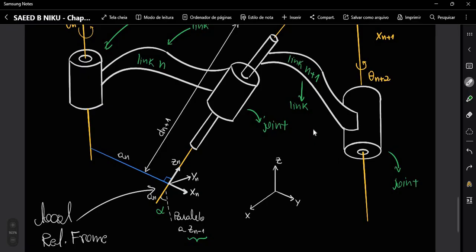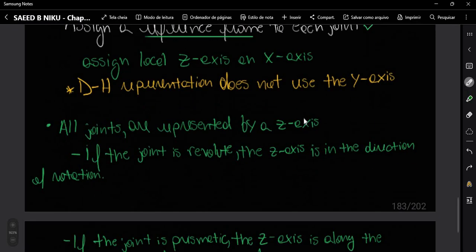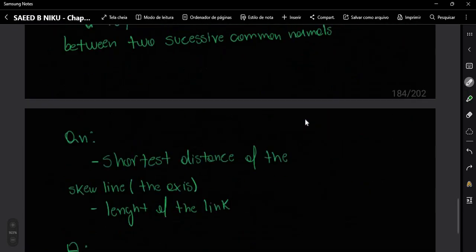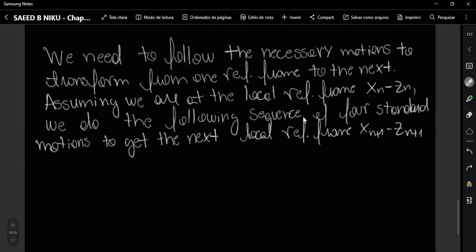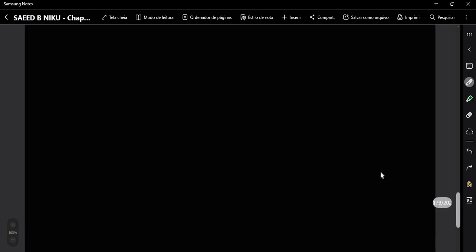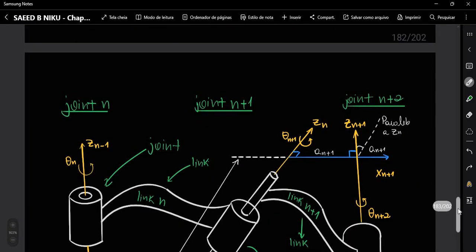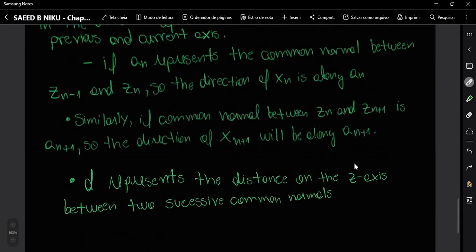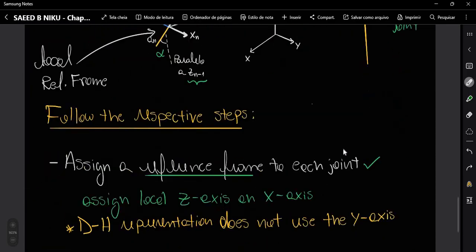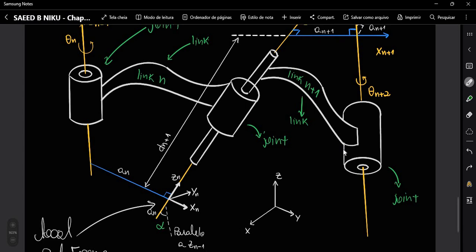And now the axis of this joint will be our local reference frame. And for any number of joints, we will do this procedure. So again, we will take these four standard motions that we will list, and doing this for each one of these joints, the axis of the joints will be the new local reference frame.